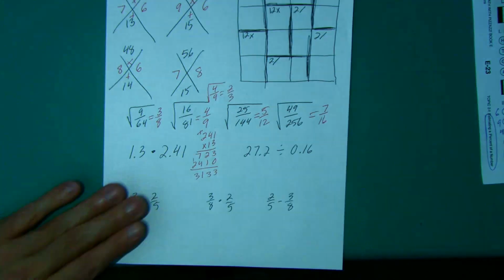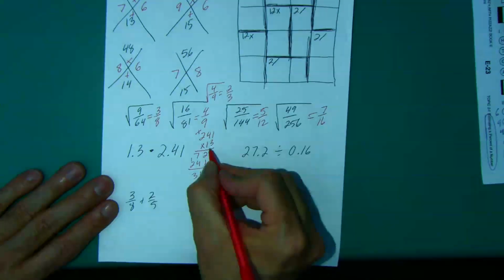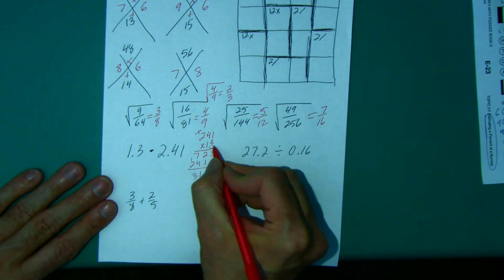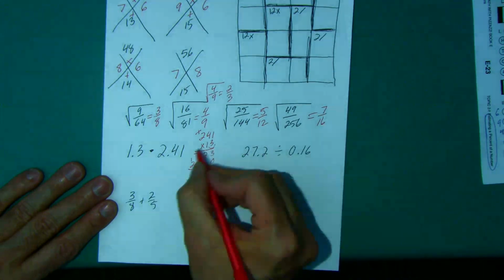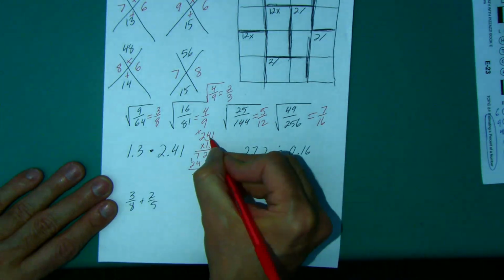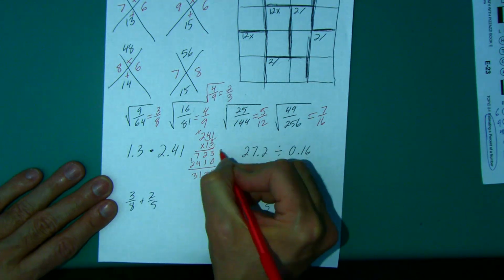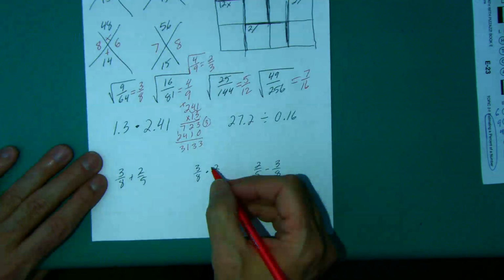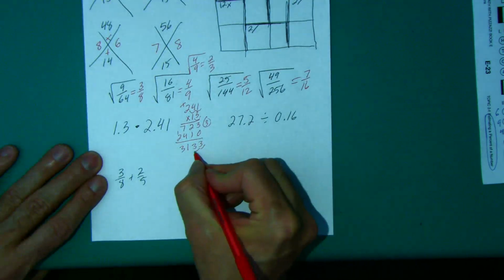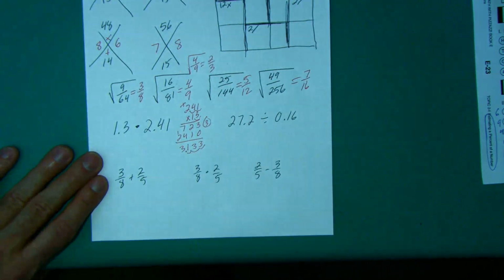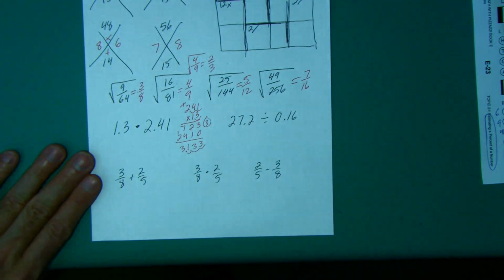Now I get 3133. But that was not really 13. I had to move the decimal over 1 spot to make it 13. That was not 241. It was 2 and 41 hundredths. I had to move the decimal over 2 spots. 2 there, 1 there. That's a total of 3 spots that I have to go back in my answer. 1, 2, 3. So 3 and 133 thousandths.